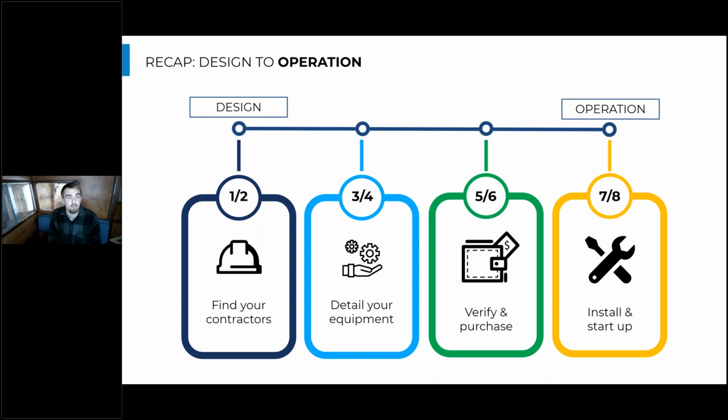And we talked about the attributes that you want to look for in determining subcontractors for this work, as well as the details that are important to think about with the heat pump water heating equipment and all the components around it, and what you need to verify while you go through the purchasing process of this equipment. We also talked about the installation and startup and some really high-level features you want as part of your installation process.